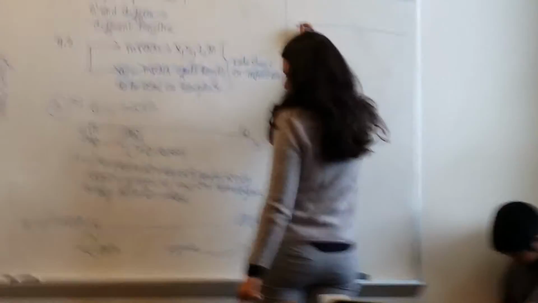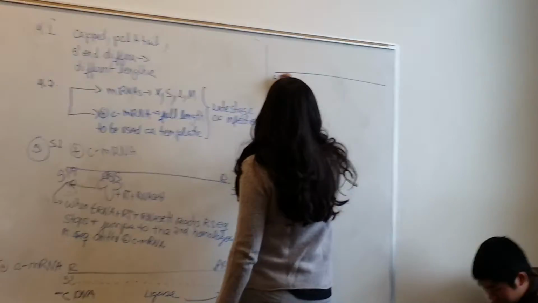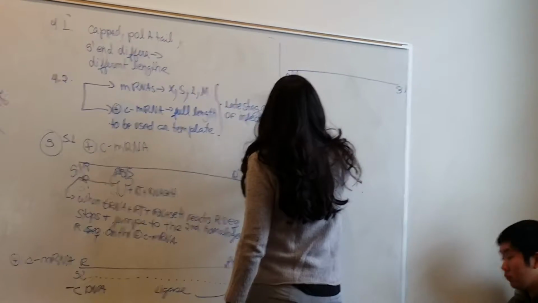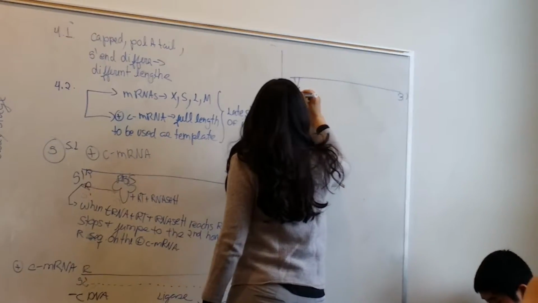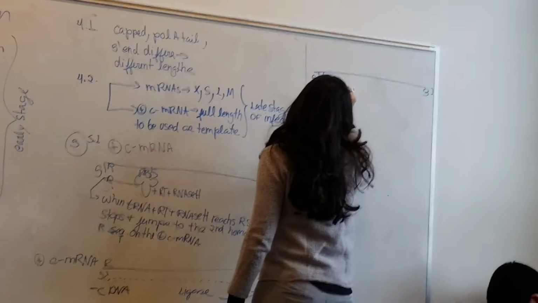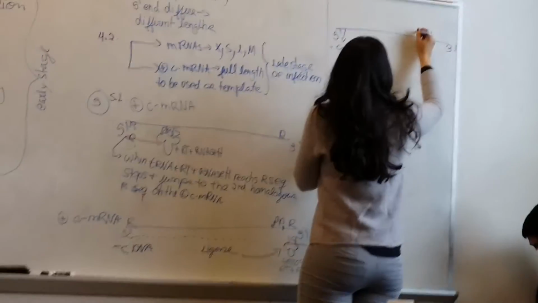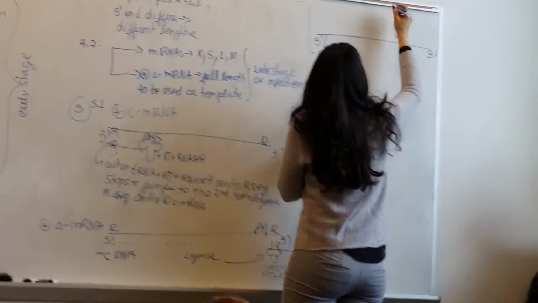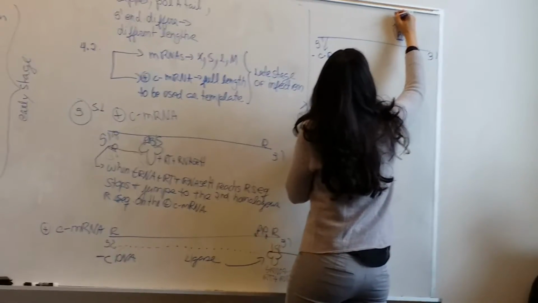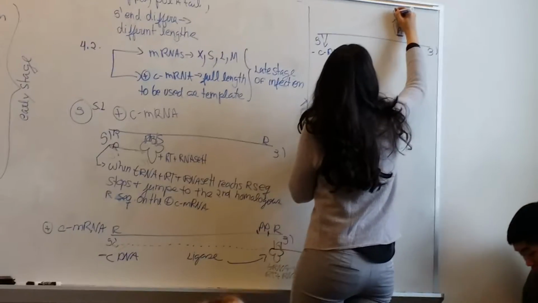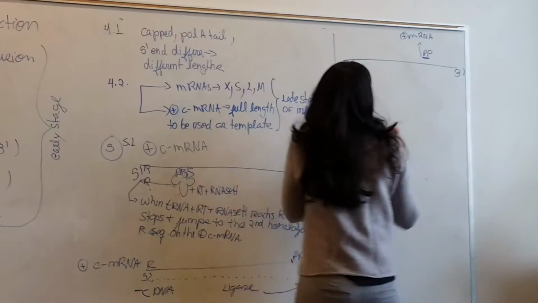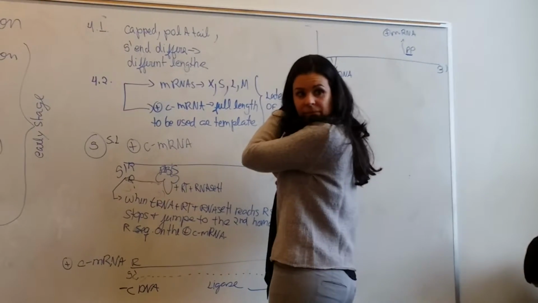I have 5' to 3', and this thing is negative cDNA. I have one little portion right here remaining of RNA that I'm going to use as a primer.